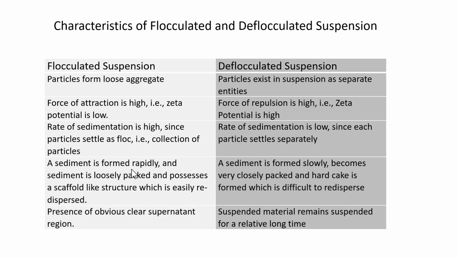Force of attraction is high in flocculated suspension, that means zeta potential is low. Rate of sedimentation is high because particles settle as a flock. Sediment is formed rapidly and is loosely packed with a scaffold-like structure which is easily dispersed.